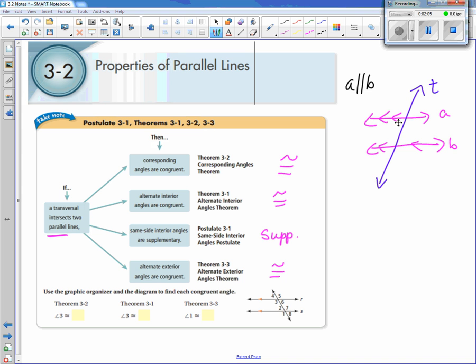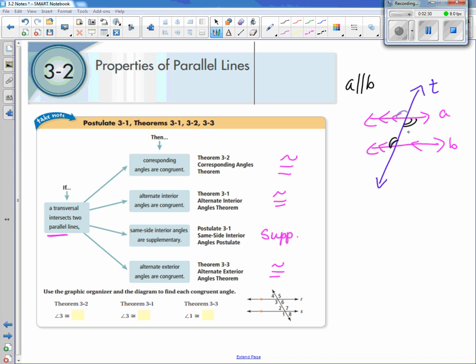When we have these parallel lines, we create congruent pairs. All of the corresponding angles will be congruent. Okay? All of the alternate interior angles will be congruent. So that would be this one, right? And this one would be congruent.